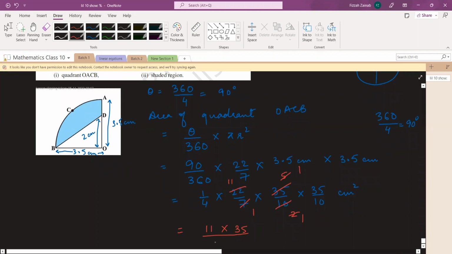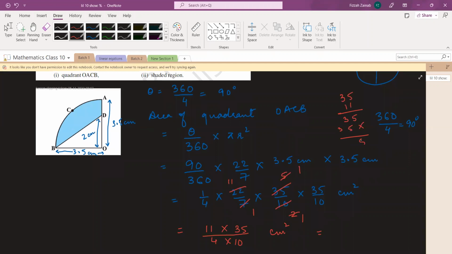And denominator, I have 4 multiplied by 10, that's it, right? So quickly multiply 35 into 11. So I'm getting 385. Is that right? Okay, divided by 4 into 10, right?